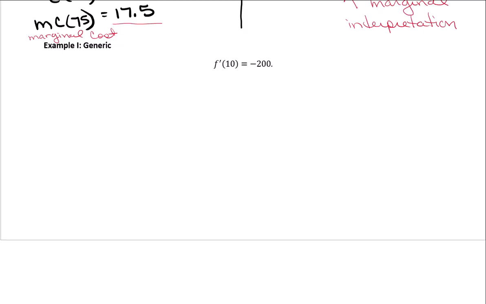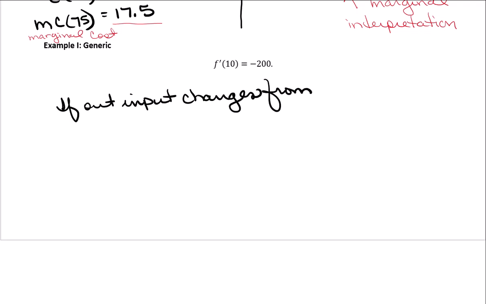Now here's just a generic example where they already have the derivative. F prime of 10 equals negative 200. This interpretation would just be if our input value changes from, now it's already at 10, and remember the definition of a derivative, it talks about the increase or decrease in y for every one increase in x.